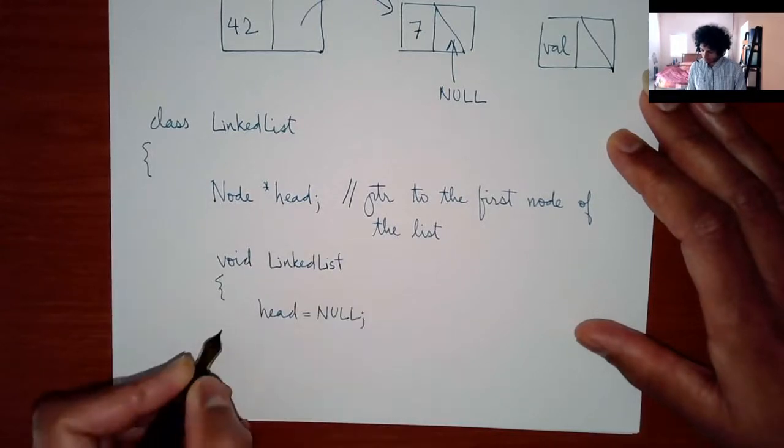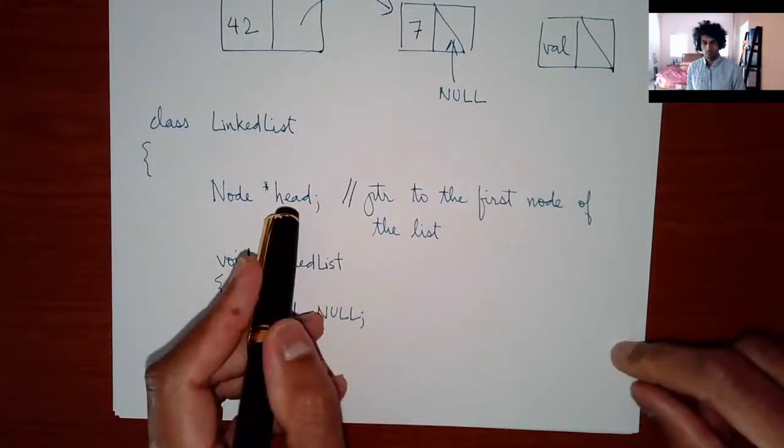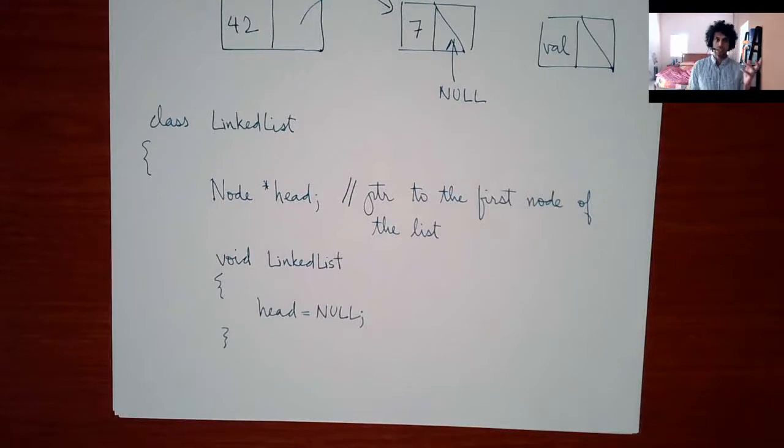This is just saying that when I initialize, I don't have anything. My class linked list is just a pointer, and that pointer is initialized to null.